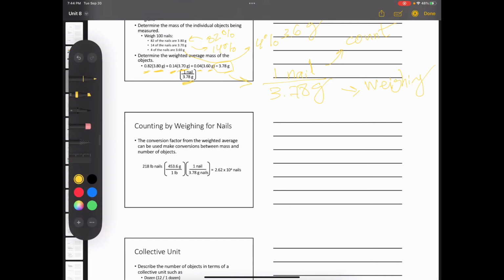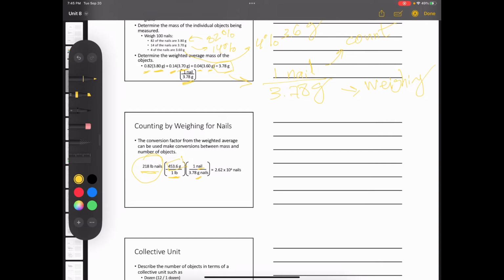So let's say, for example, I went to Home Depot and I grabbed myself 218 pounds of nails. Okay, I would like to convert this 218 pounds of nails to how many nails I have within that specific mass. Well, first, my conversion is gram per nail. So what I need to do first is convert my pounds into grams. And that should be easy peasy because we convert between the SI system and the English system by 1 pound equals 453.6 grams.